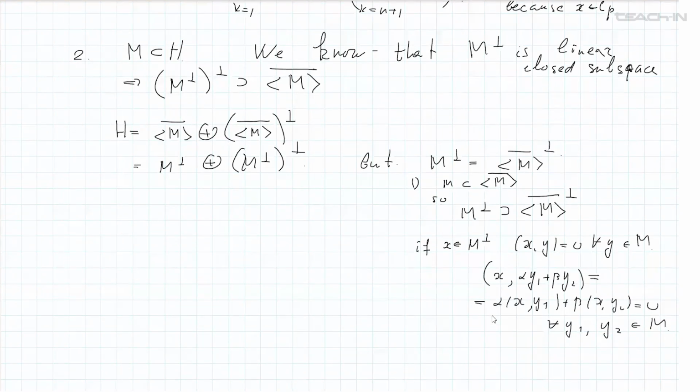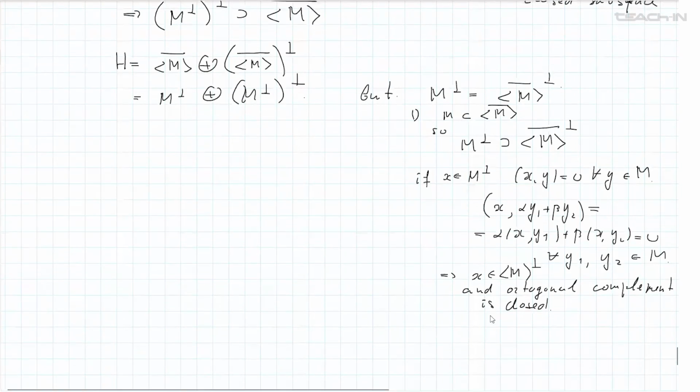So we obtain immediately that x lies in the orthogonal complement of the span of M. But we know that the orthogonal complement is closed, and again we repeat the proof of the continuity of the scalar product. So x lies in here.